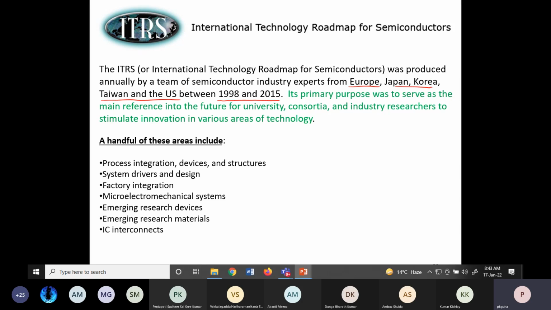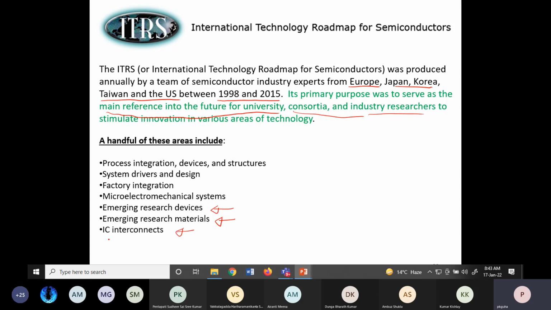Okay, as I said, its primary purpose was to serve as the main reference into the future for university, consortia, and industry researchers, to stimulate innovation in various areas of nanotechnology. So these are different areas where they assess the present status and predict things.